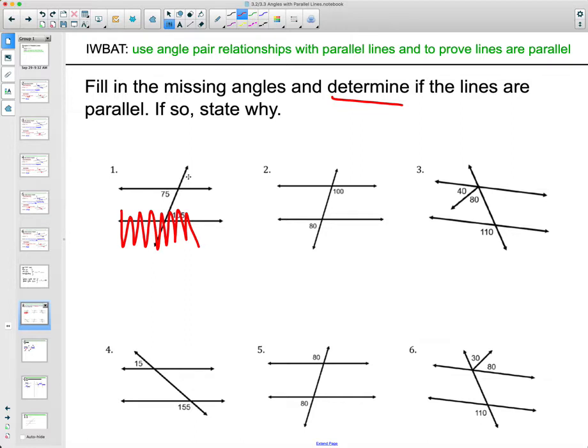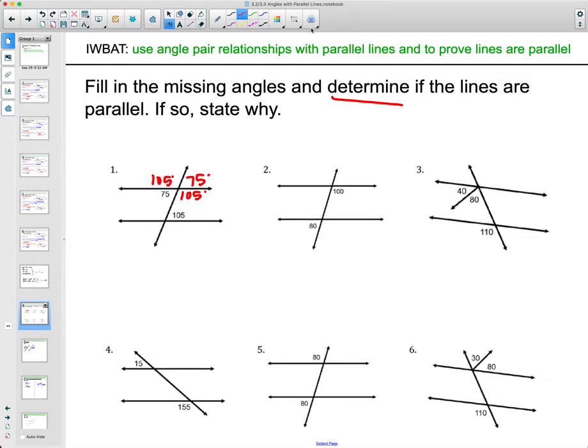Across from 75 is the vertical angle of 75. Then next to it is a linear pair, so these would have to total 180. So this one would be 105. And then this one would be 105 by vertical again, or right next to each other, 180.